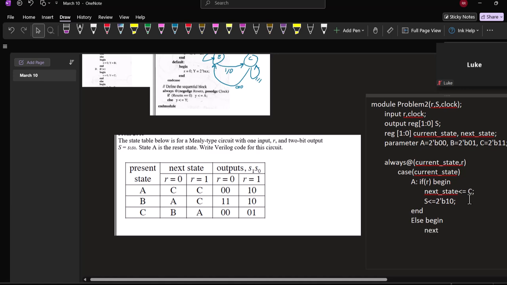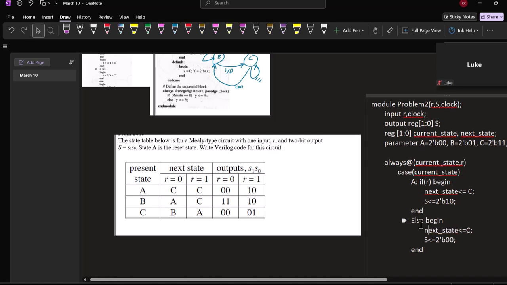Next state is going to be C, and S will be equal to 0, 0. And then I can end that else.